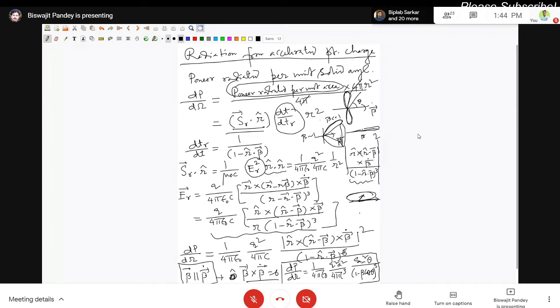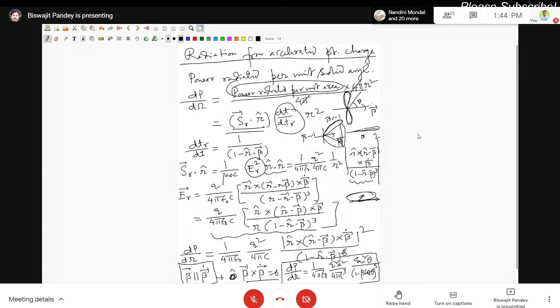And that is also obvious because the radiation field, the beta dot term, is non-zero. So acceleration will produce some radiation, and we want to know the radiation pattern: which direction will get the most radiation and which direction will get none, and so on. So let us analyze that.